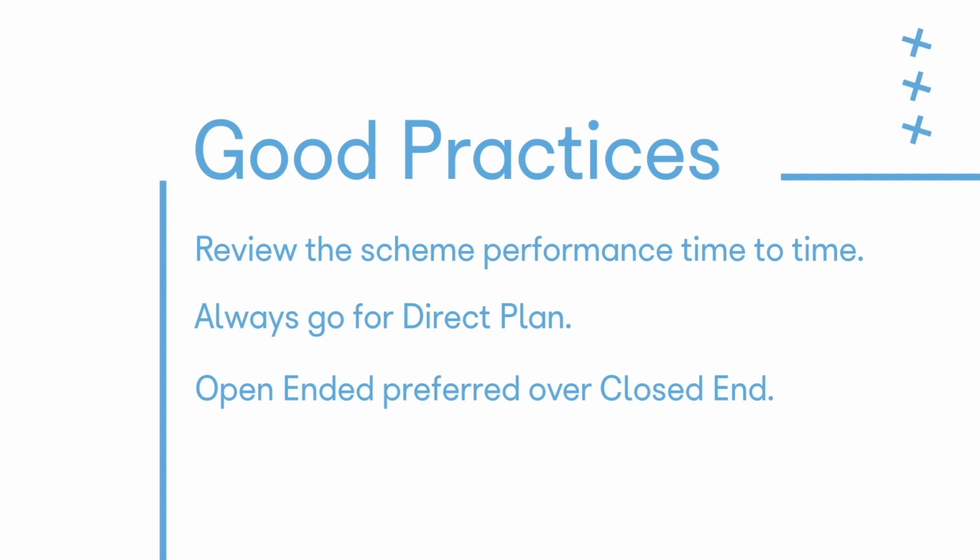Always review the scheme performance from time to time and make adjustments accordingly. I would always recommend you to go for direct plans over regular plans because you avoid the commission charges and hence have higher results and also higher NAVs. Always go for open ended plans over closed ended plans because you have the option of liquidity in front of you.